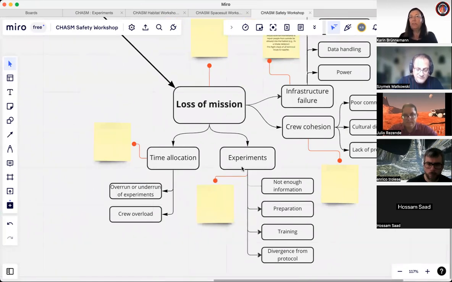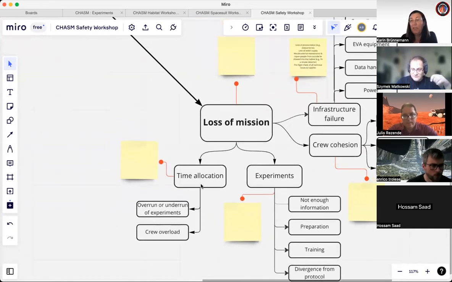We are doing a lot of experiments. They can go wrong. There is missing information. There are missing pieces in some equipment. There can be issues with the time allocation. Somebody thought the experiment would take 2 hours, but then it took 3.5 or something like that. What are your thoughts?